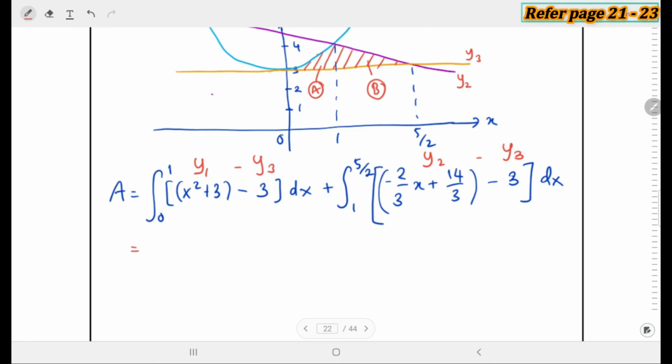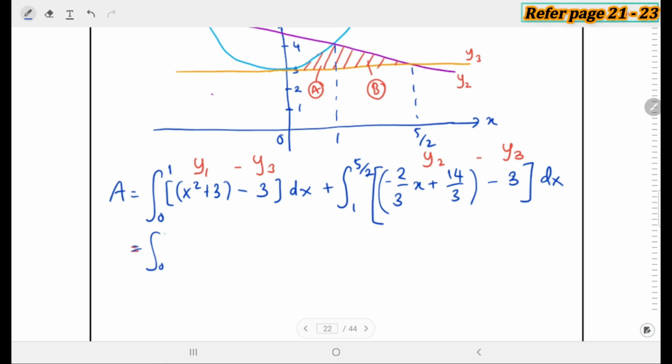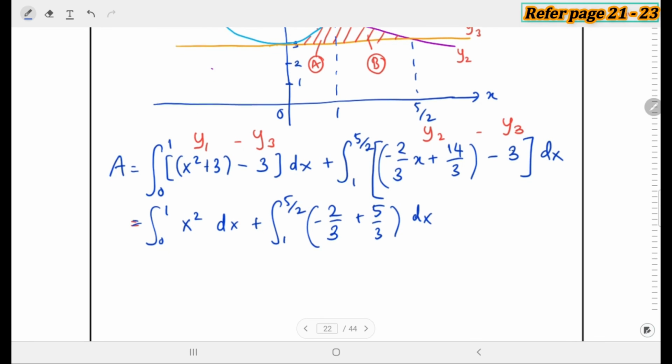Next, I'm going to simplify the function first before I integrate. So 0 to 1, x squared plus 3 minus 3 is x squared, dx, plus from 1 to 5 over 2, negative 2 over 3 x plus 14 over 3 minus 3 is 5 over 3, dx. Now the function has been simplified.